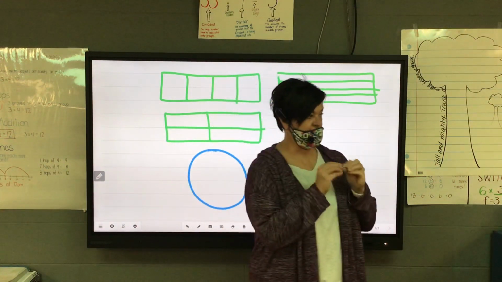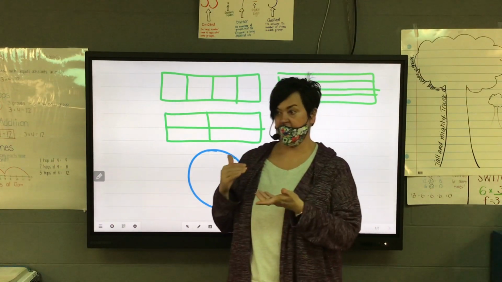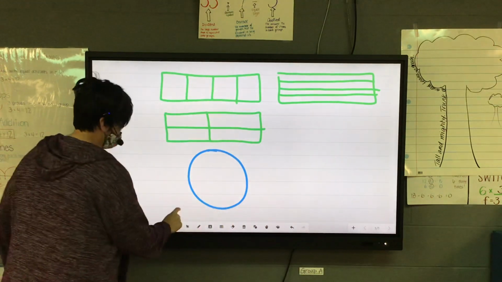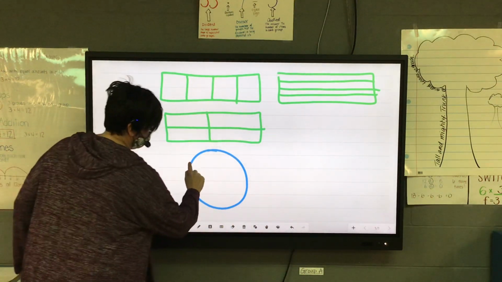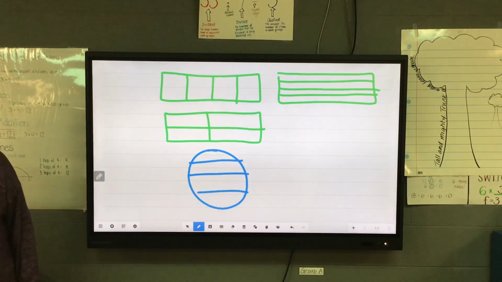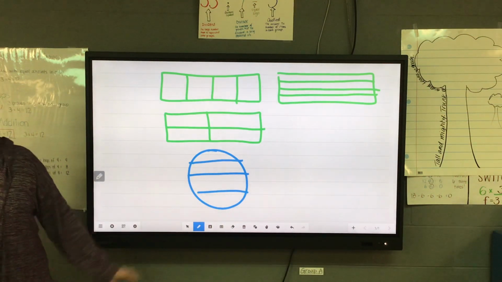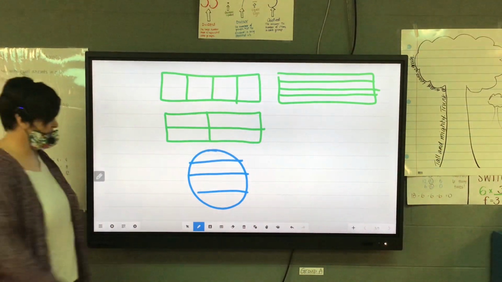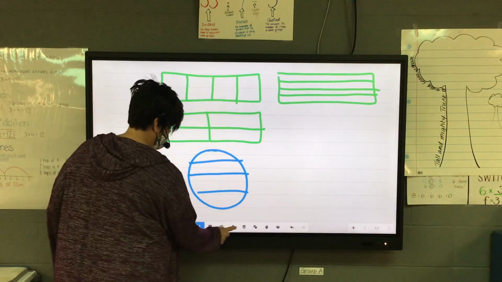Your parts have to be the exact same shape, don't they? So, could I do this? Are my parts the exact same shape? No. So, is that 4 equal parts? No, that's not going to work.